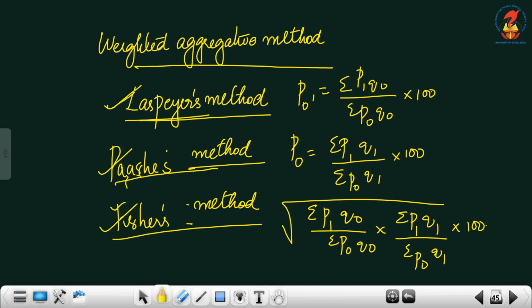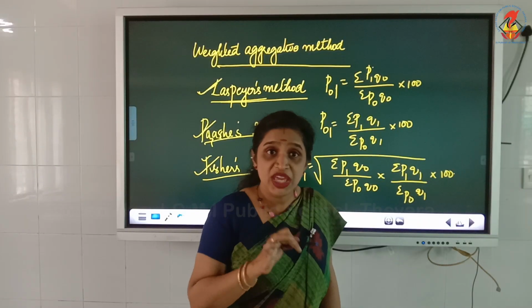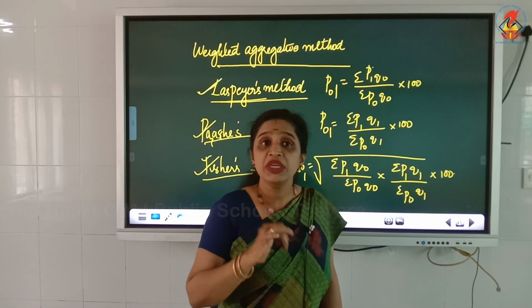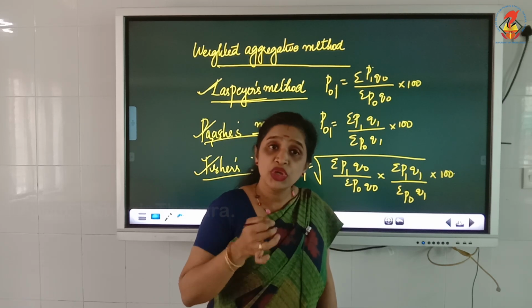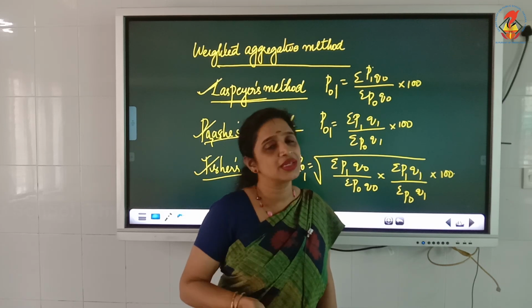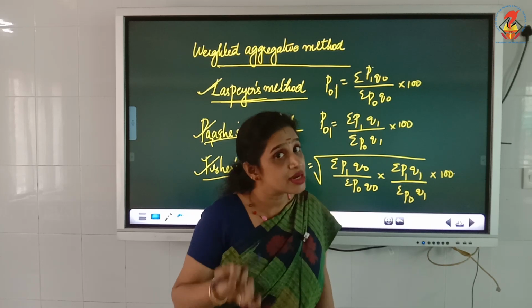According to Laspeyres' method, price index P01 is equal to sigma P1 Q0. P1 Q0 means price of the current year is multiplied by base year quantity, just as we express P1 current year price, P0 base year price. We express it for quantity too. Q0 is the base year quantity, Q1 is the current year quantity.